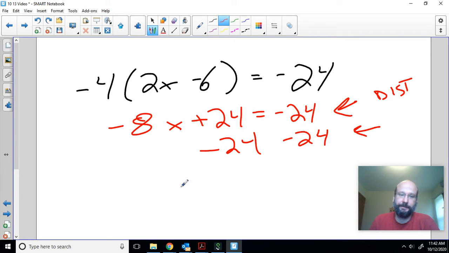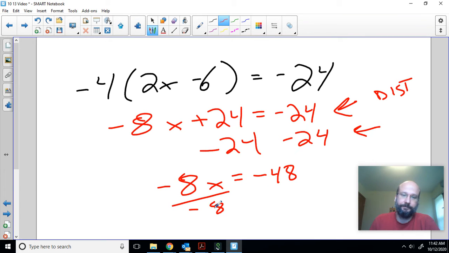What's this property called? What's negative 24 minus 24? What's our next step here? What's this property called? What is x equal?